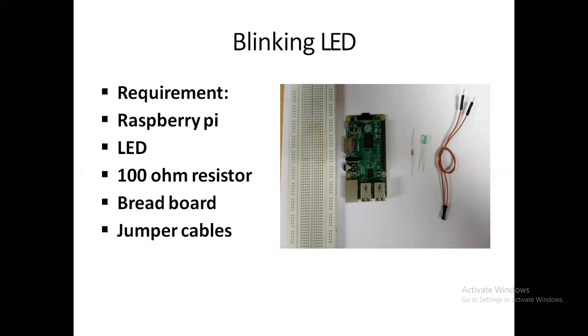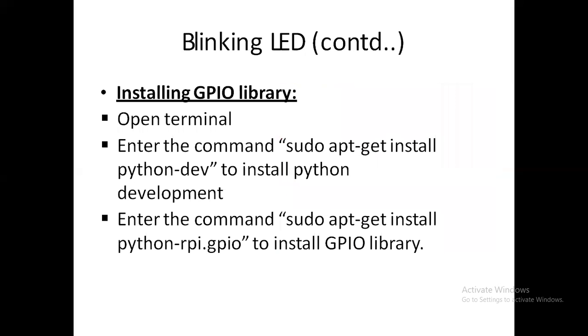These are the basic requirements to achieve the blinking of the light. For installation, we open the terminal and enter the command sudo apt-get install python-dev to install Python development, and then sudo apt-get install rpi.gpio to install the GPIO library.